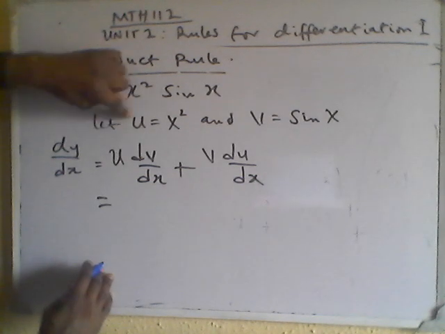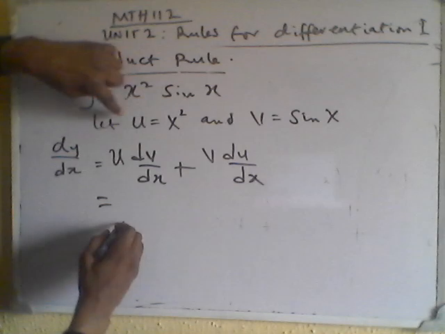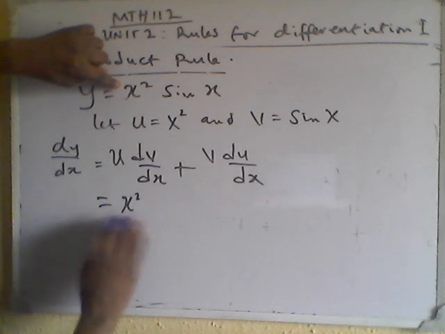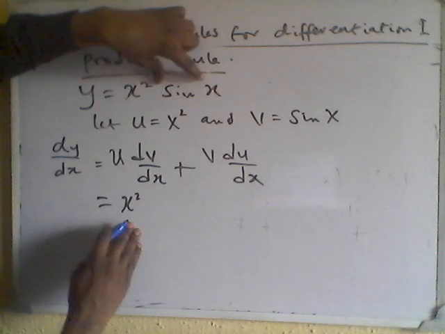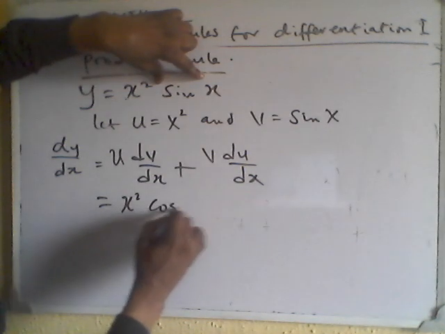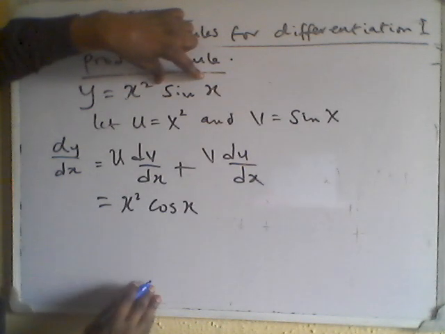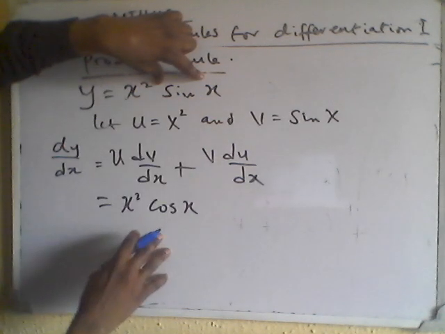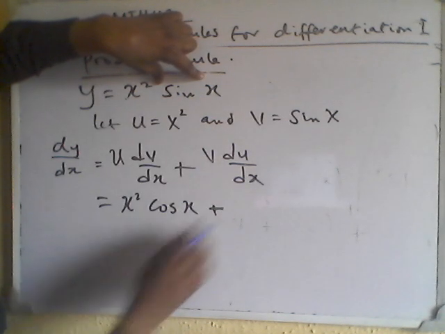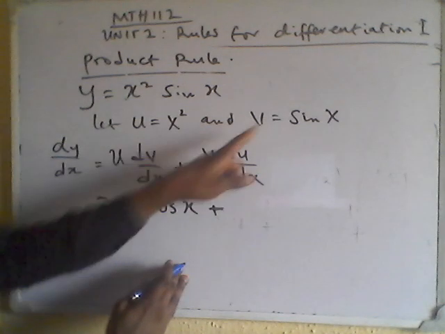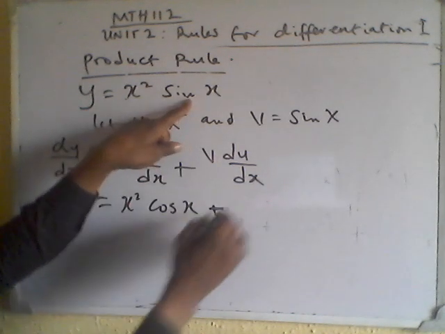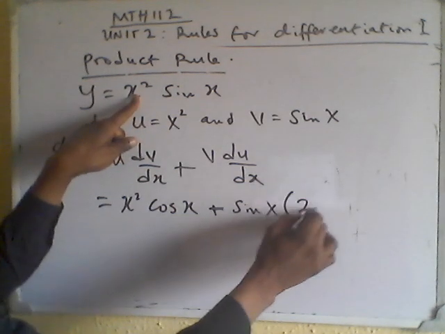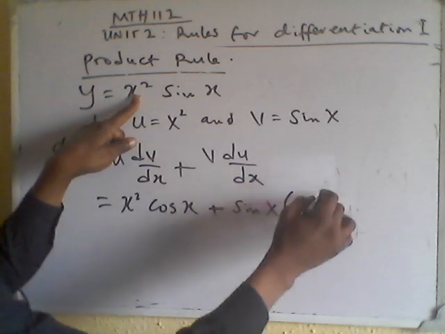So I come here. This is what? u, right? x squared. So this x squared, I'm not touching x squared, but I want to differentiate this. This is cos x, right? Differential of sine x is cos x. Okay? Plus, then I have this sine x, and this is what? 2x.